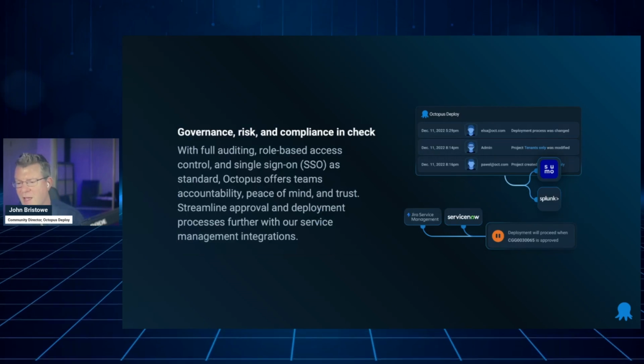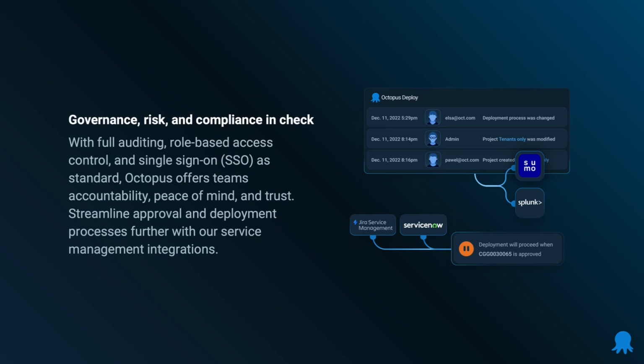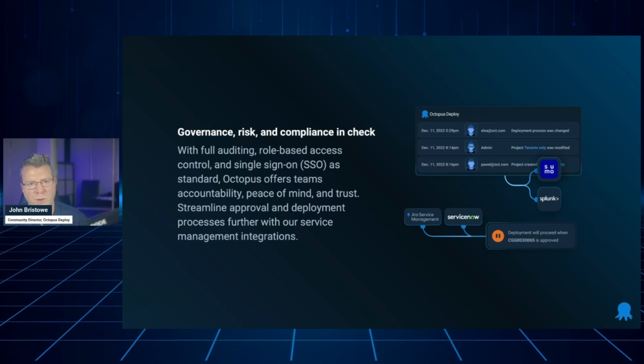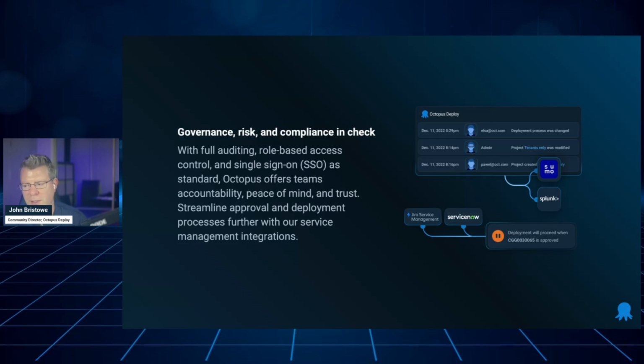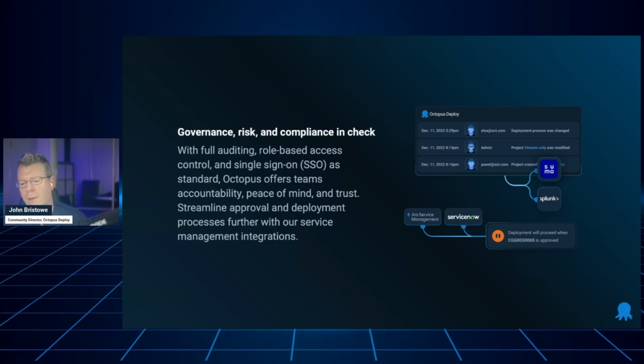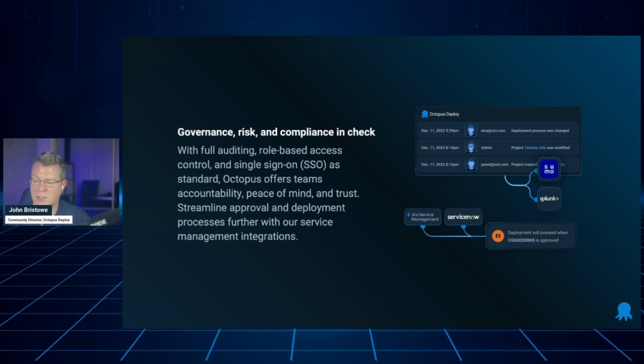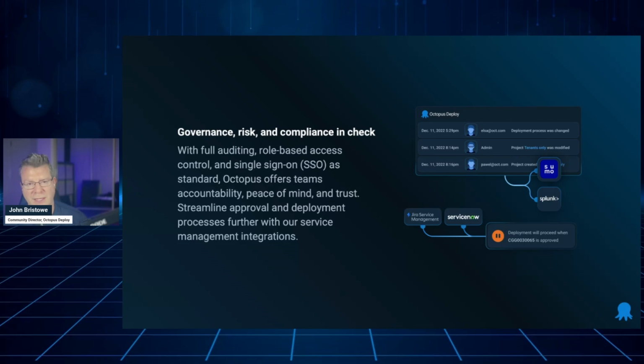But there you go. Another thing that is important is, of course, risk, governance, and compliance. These are core capabilities of anything you're doing around deployments. We want to know who did what and when and why. These and other aspects are audited within the product itself, so you can see who did the deployment, for example. This also speaks to integrations with, say, Jira Service Management or ServiceNow.